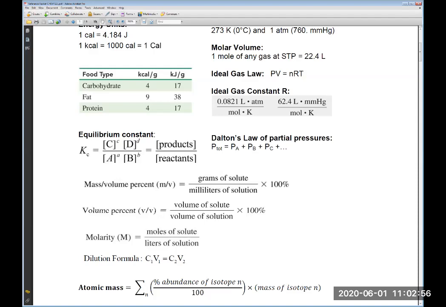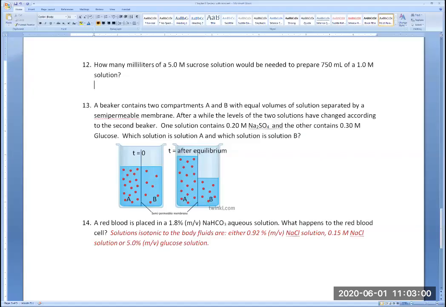So we'll use that formula because we are doing a dilution here. Formula is C1 times V1 equals C2 times V2.